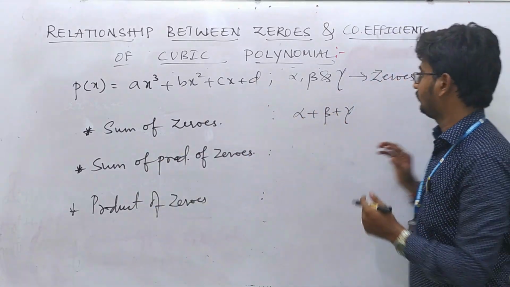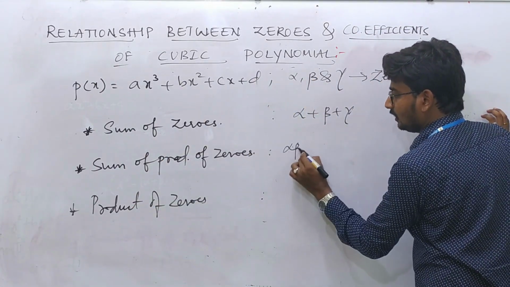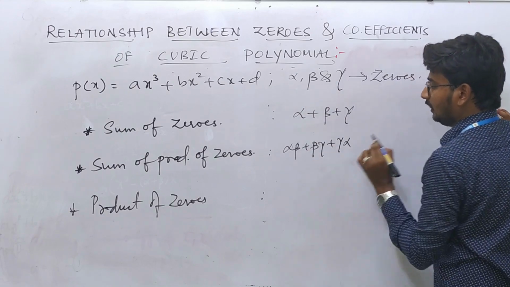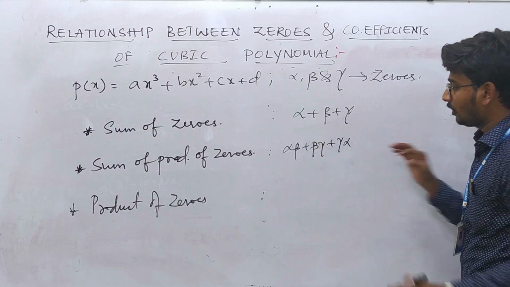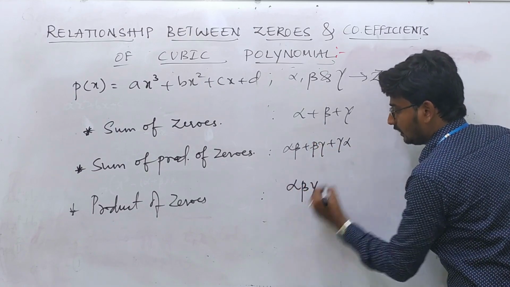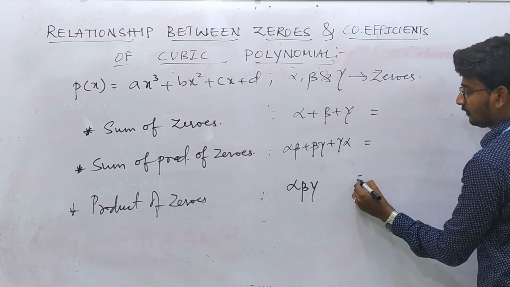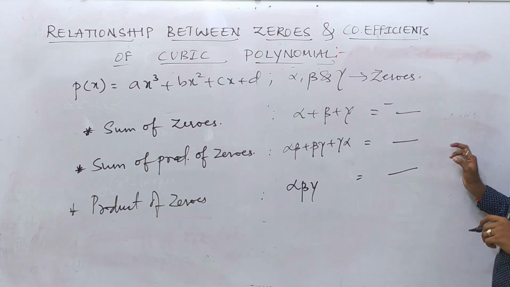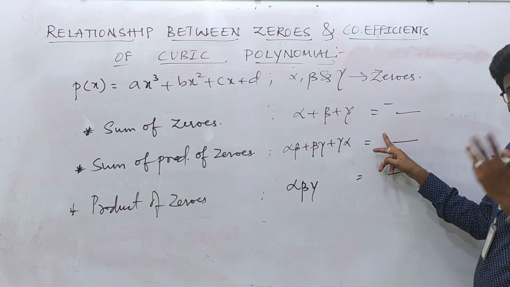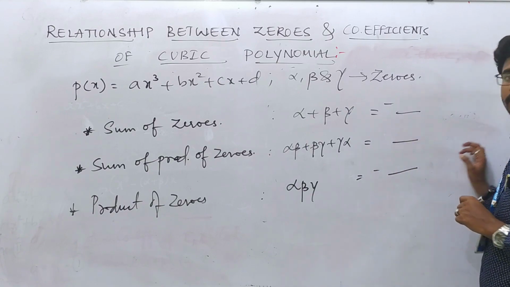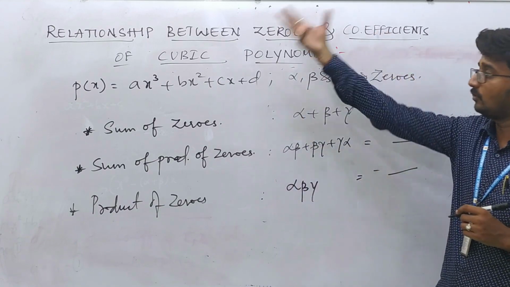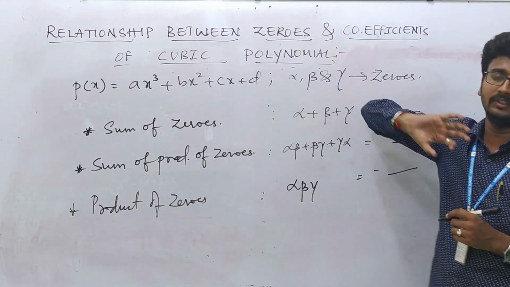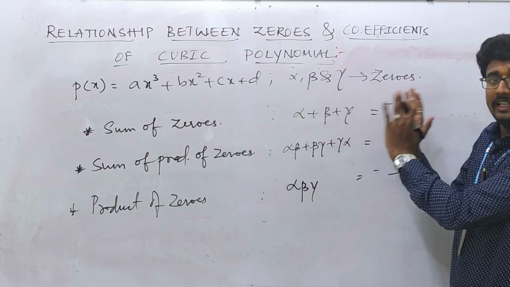Sum of product of zeros means alpha beta plus beta gamma plus gamma alpha. Then product of zeros means alpha beta gamma. Remember, first minus sign, second plus sign, third one also minus sign. We have a proof for this. As I have proved for the quadratic polynomial, in the same way we can prove it for the cubic polynomial. But since it is not in your syllabus, we do not have any derivation of that.